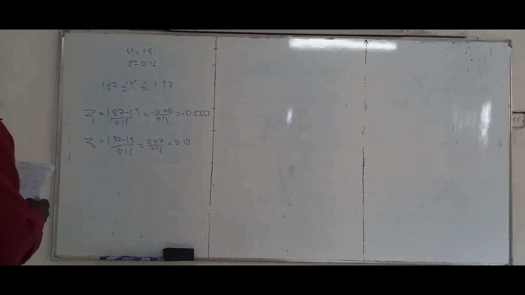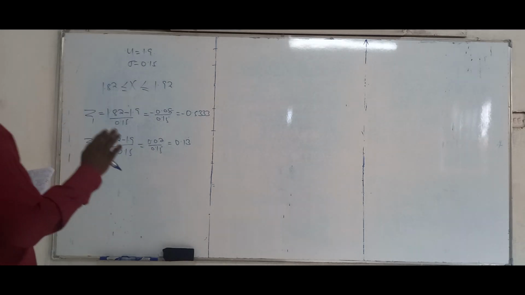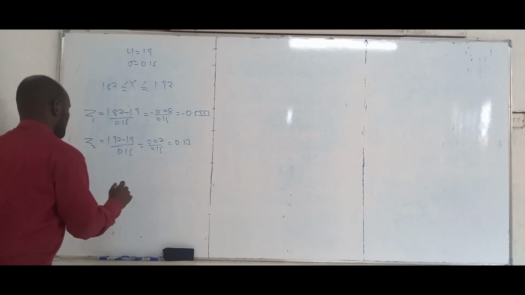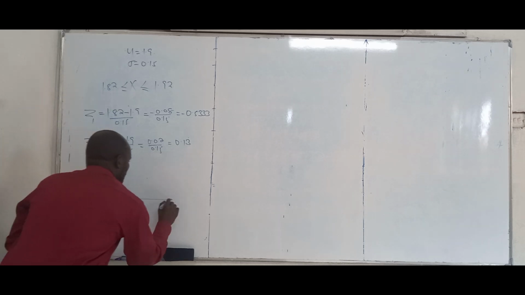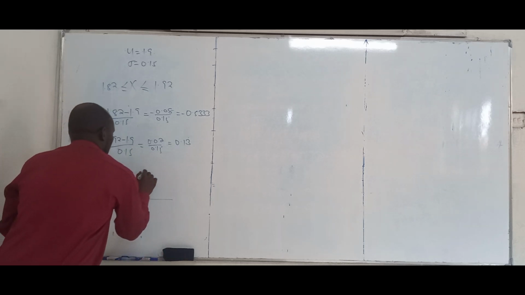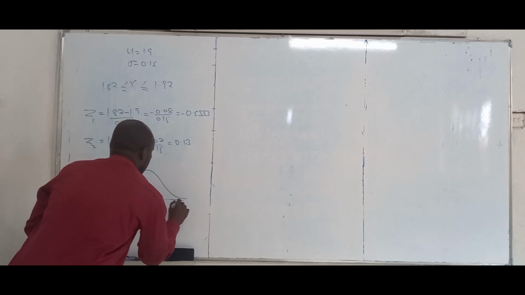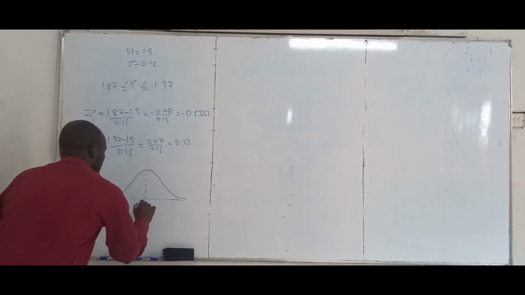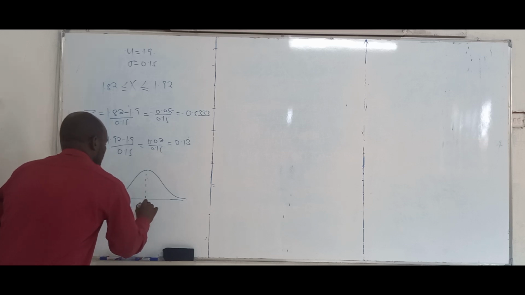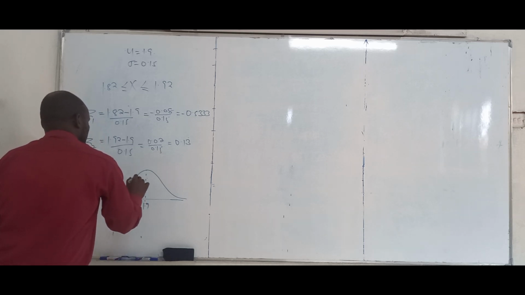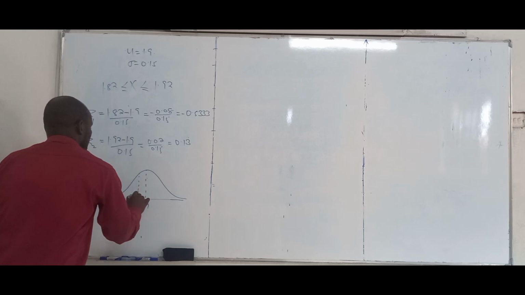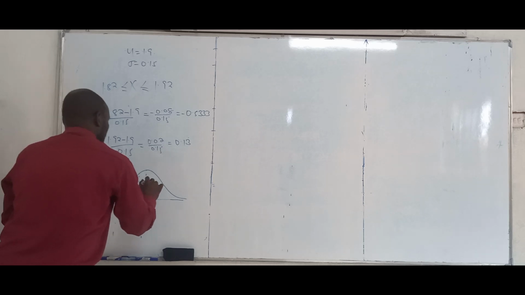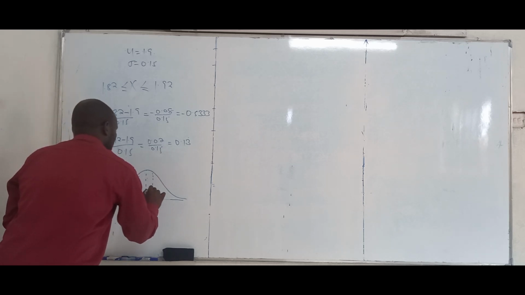For us to get the area under that curve, it looks like this. If the mean is here, 1.9, then 1.82 will be here and 1.92 will be beyond here.